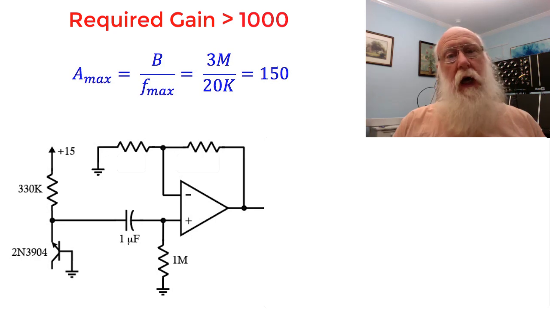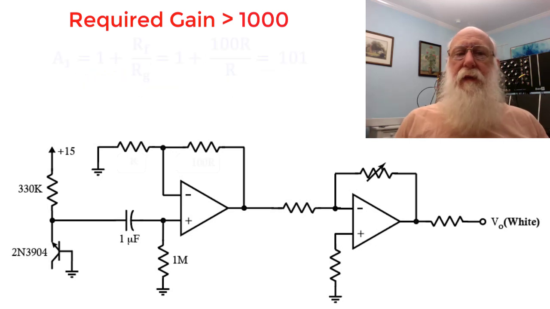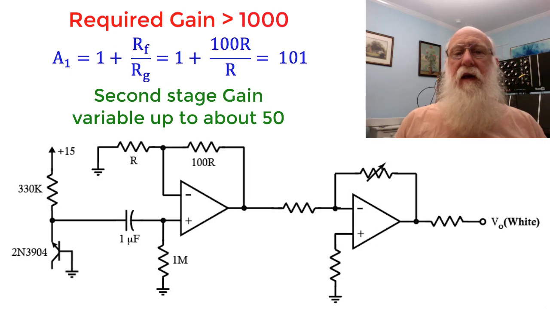Oops, that's not enough. So we're going to need 2 stages of amplification here. I will simply set the first stage gain to 101. That doesn't push our limit of 150 too much, and that means that our next stage is going to need a gain of maybe up to about 50.